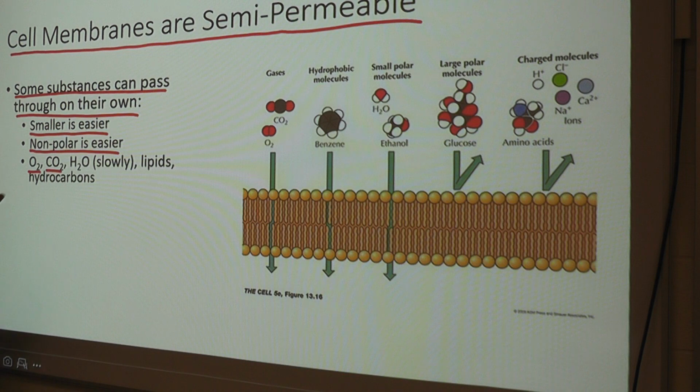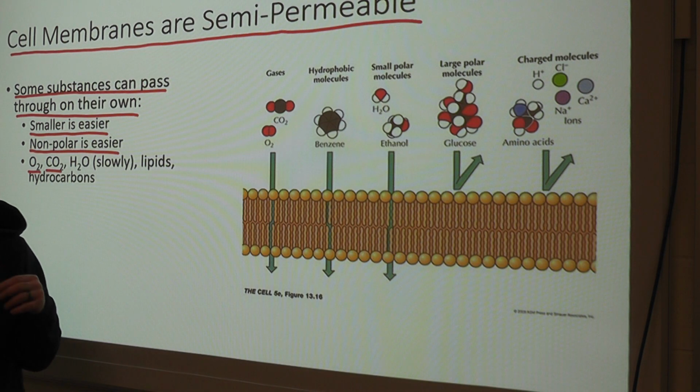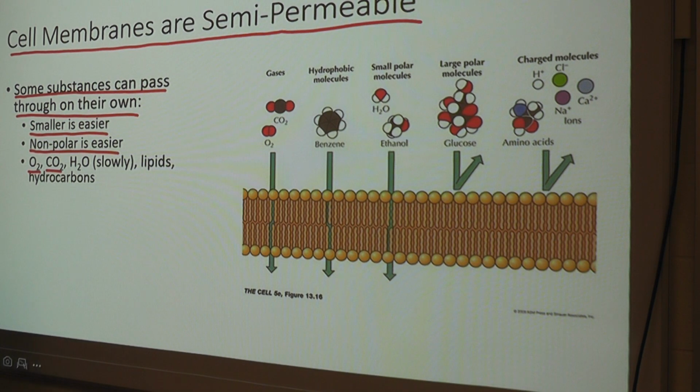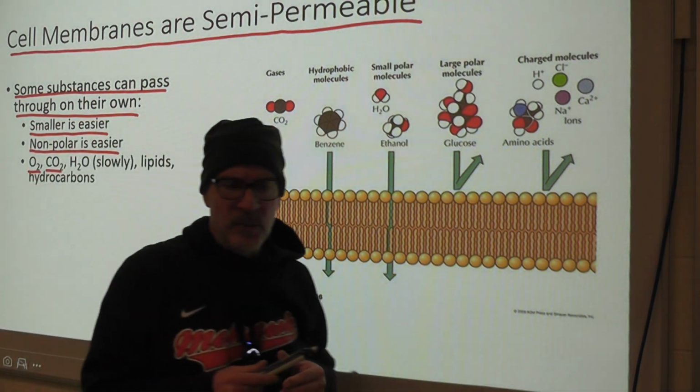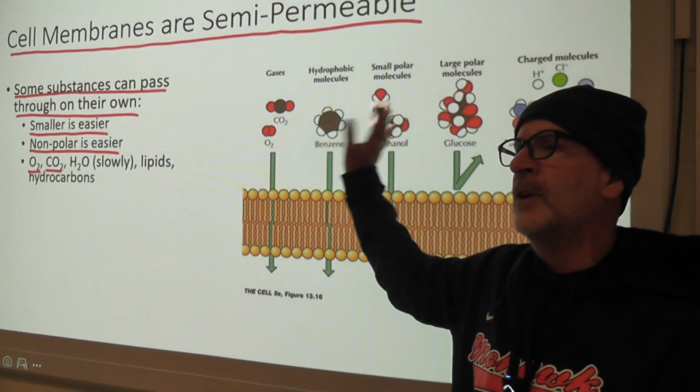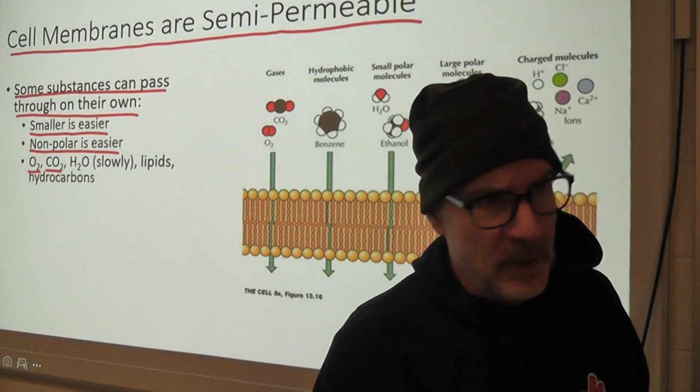So it turns out water can move through a cell membrane, but it goes really, really slow, in fact. And there are special structures in cell membranes that allow water to move in and out, called aquaporins. But cells on their own are pretty watertight. They're not 100% watertight, but they're pretty watertight. And then lipids and hydrocarbons can move through as well, and we're not even going to be concerned about those, so you don't have to write that down.